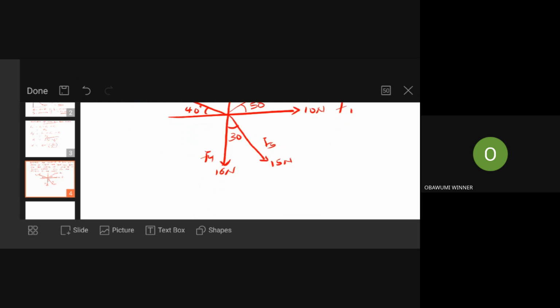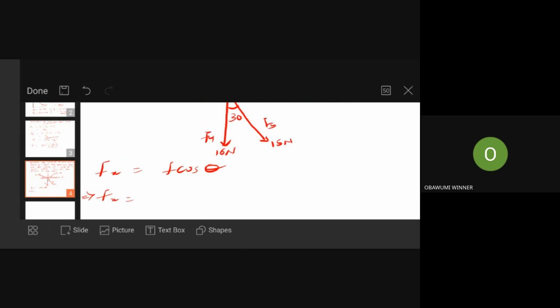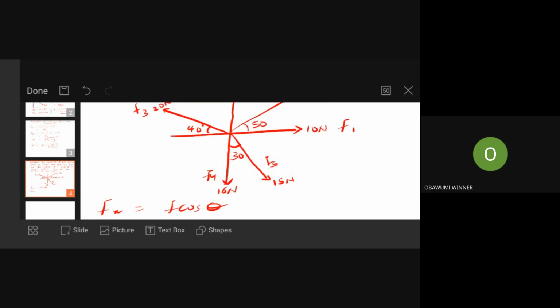Now recall that we have to resolve this to horizontal and vertical components. Let's begin with the horizontal. For my horizontal, f of x is equal to f cosine of the angle theta. So f of x is going to be equal, let's start with F1. F1 is just 10 Newton, this force here.